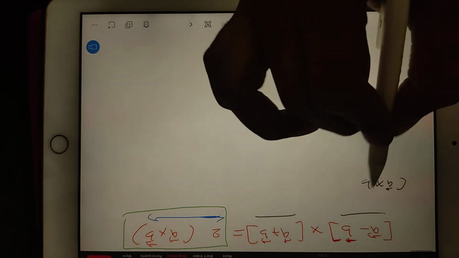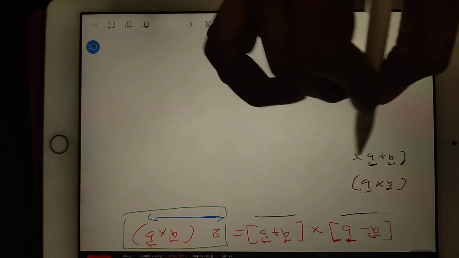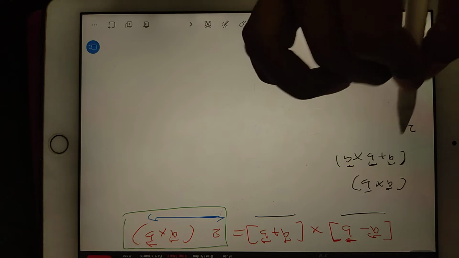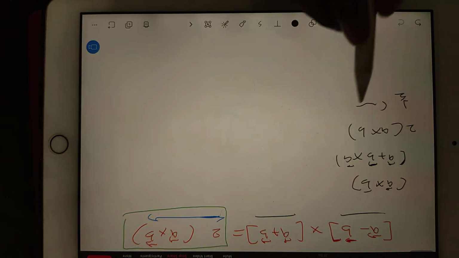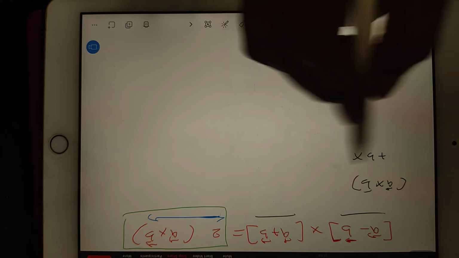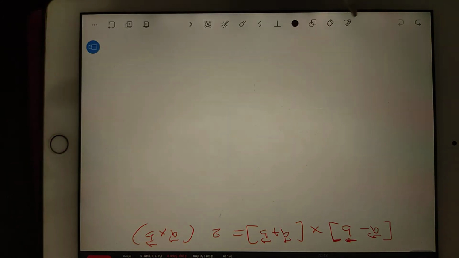Option 1 is a cross b, option 2 is a plus b cross a, these kinds of options. Second option is like a cross b, third option is like 1 by 2 a cross b. These kinds of options they frame.